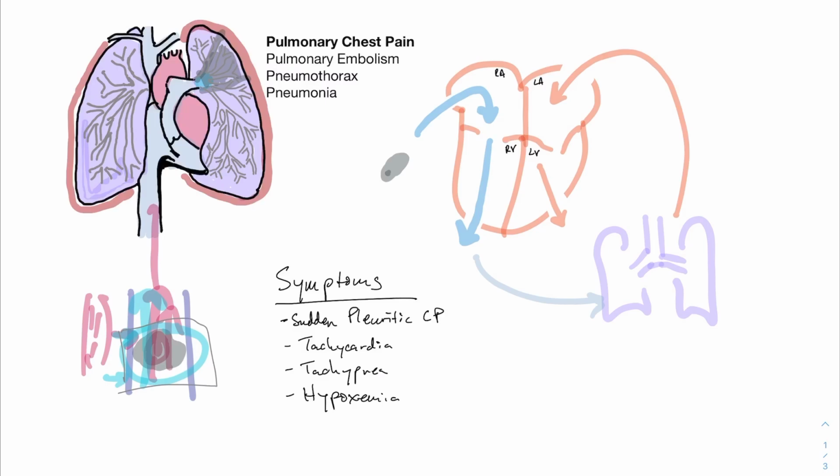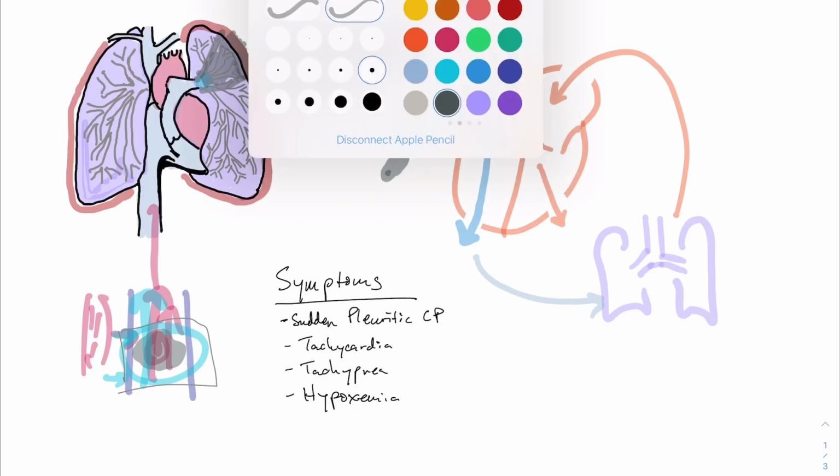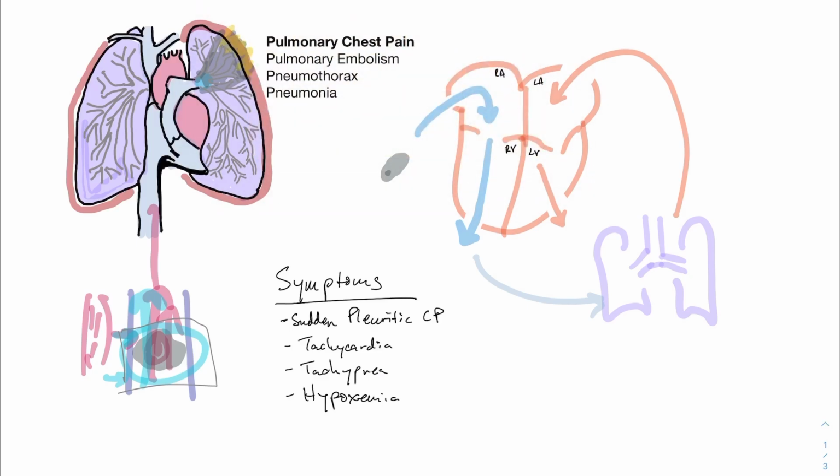You release inflammatory factors, and your own immune system comes in and tries to clean up the debris. And so this part of the lung is now really inflamed because of the death of that lung tissue. And so when patients are taking deep breaths or when they're coughing, it's going to hurt because that lining is really inflamed.